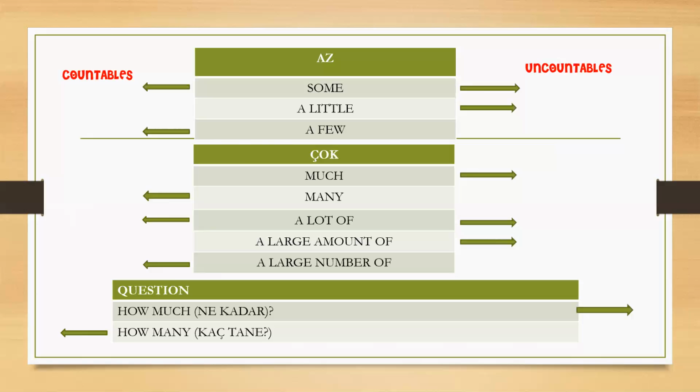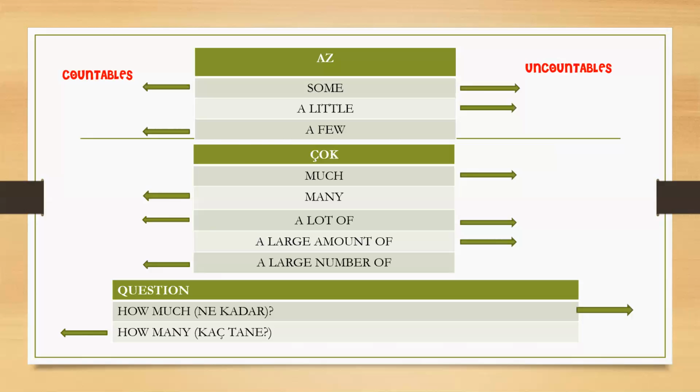The next two ones are a bit too difficult. Please listen to me. A large amount of. A large amount. Amount means miktar. Miktar desek sayıyor muyuz yoksa miktar olarak mı sayıyoruz? That's why we use it only for uncountables. A large amount of.